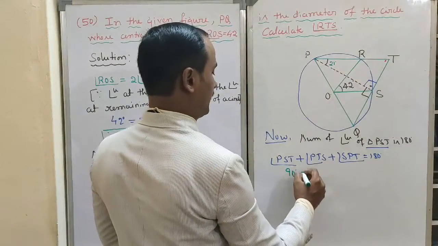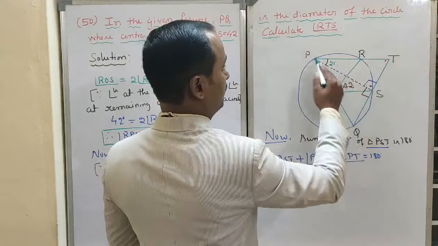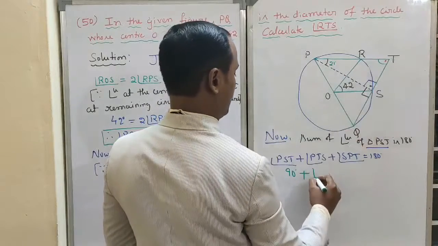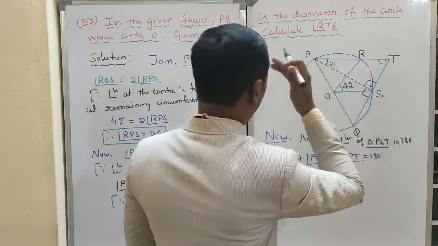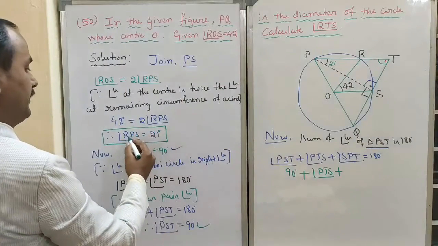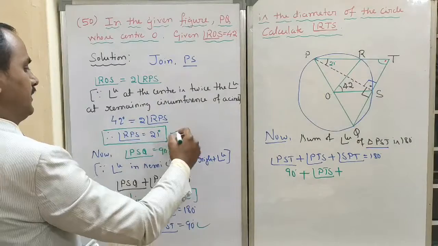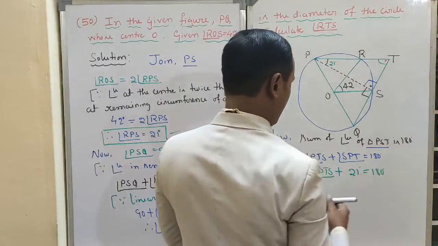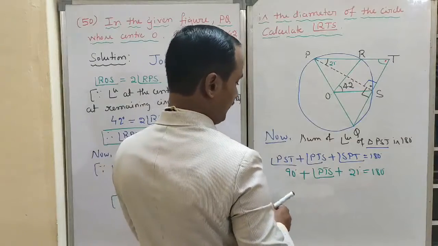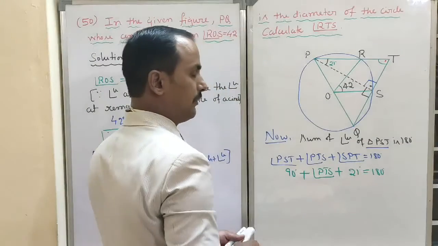I substitute here 90 degree plus PTS, we are finding the angle PTS as it is, plus SPT we already found out 21 degree, is equal to 180 degree. Now these two addition, 90 plus 21, it became 111.